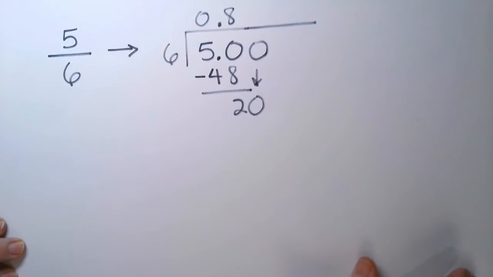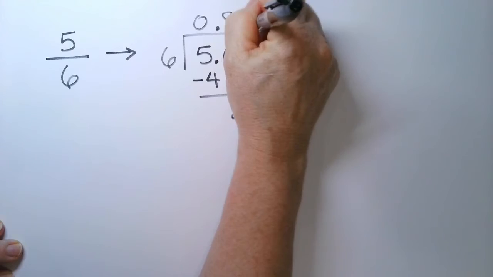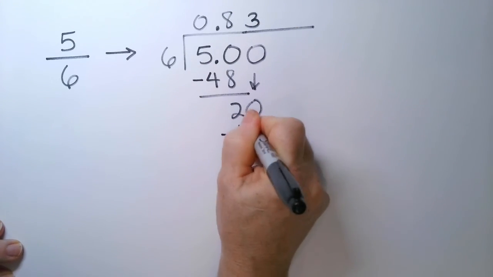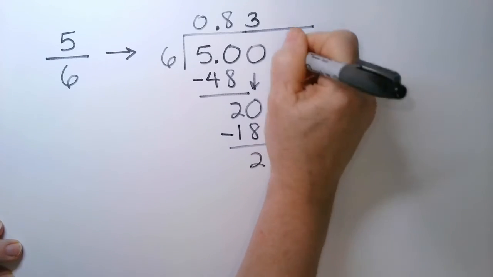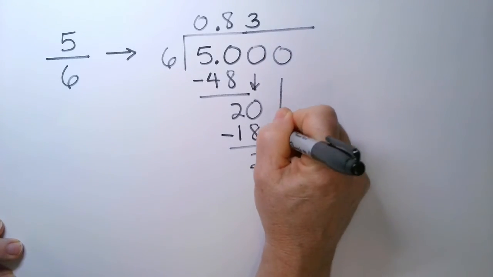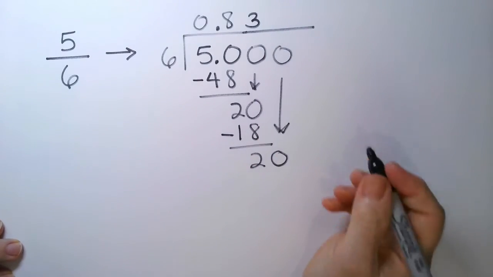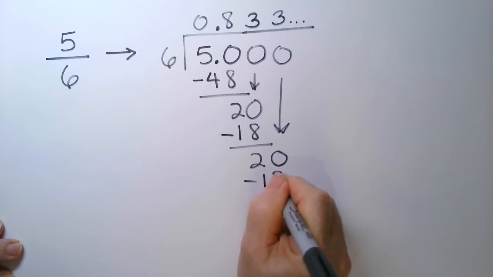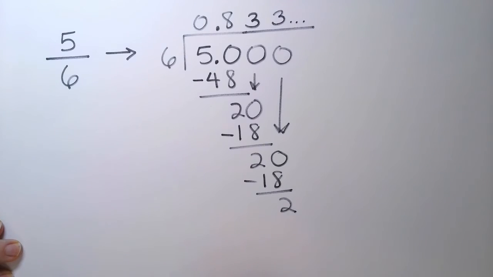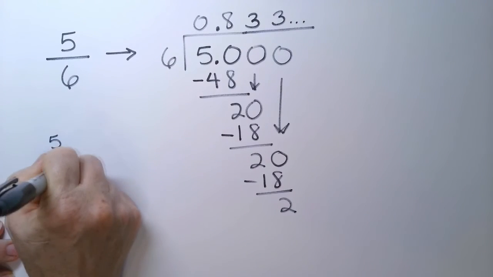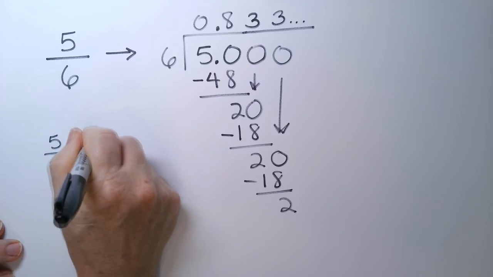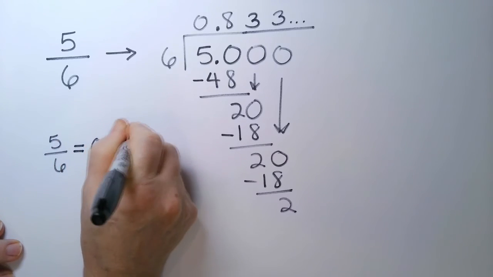6 goes into 20 3 times. 3 times 6 is 18. The difference is 2. Here's another 0. Okay. Here's another 20. Also goes in 3 times. And you see how this is going to continue. Okay. So 5/6 is approximately equal to the decimal of, and I'm going to round this off, 0.83.